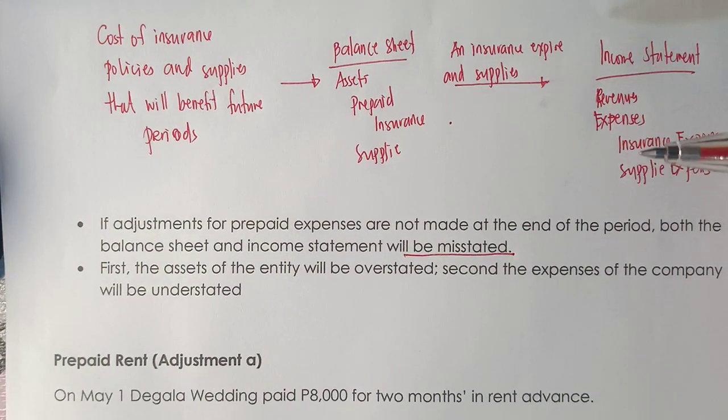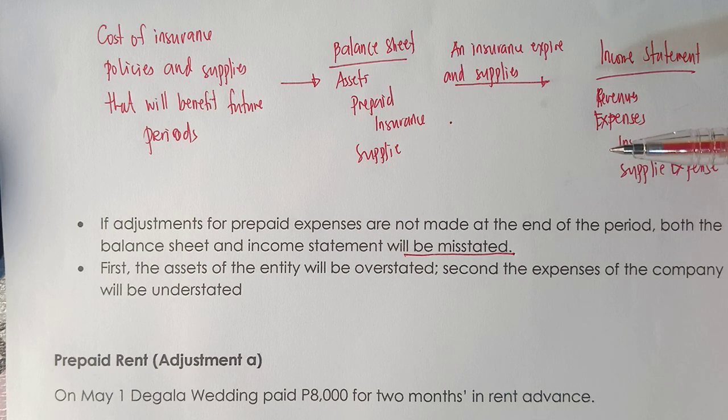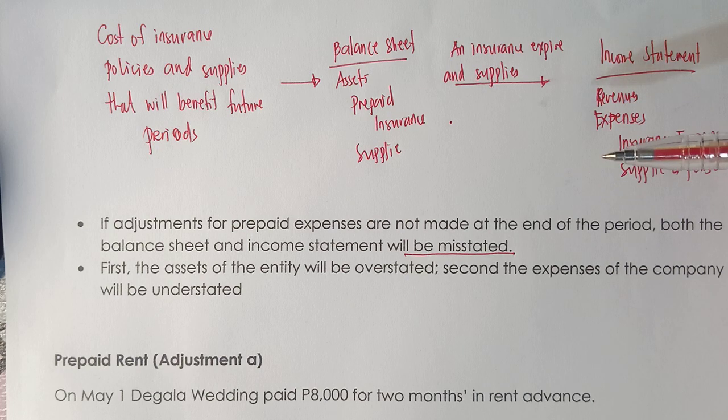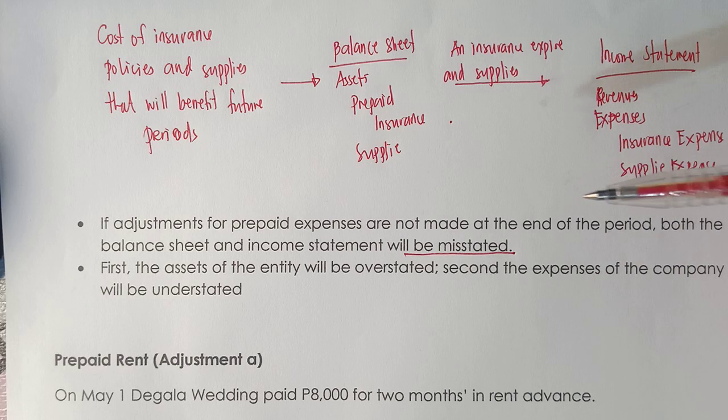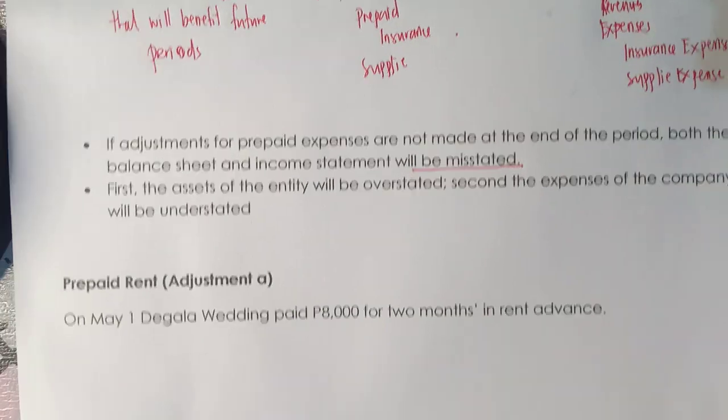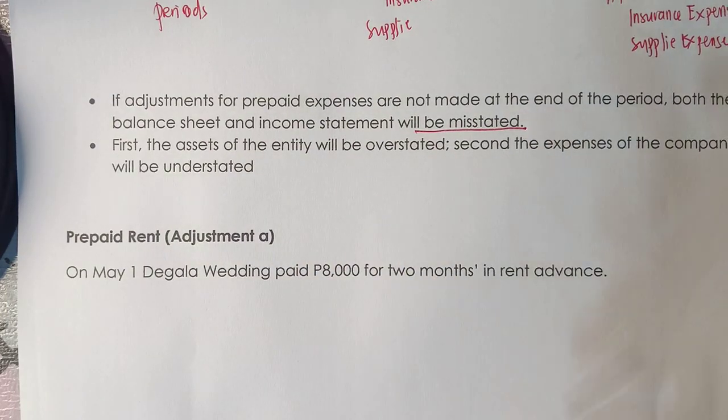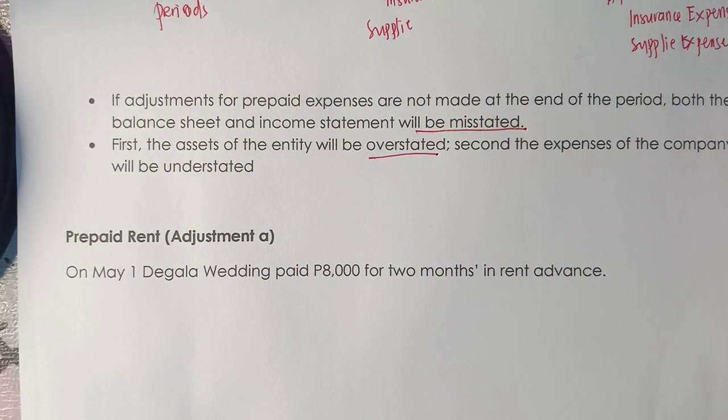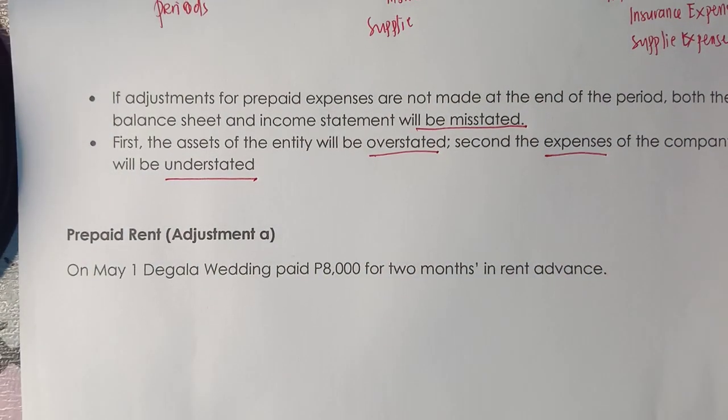It's because prepaid expenses are considered an asset, but at the end of the accounting period there should be an expiration, and the portion of an asset that has expired becomes an expense. First, the assets of the entity will be what? Overstated, because we did not record the expiration, and the expenses of the company will be understated.